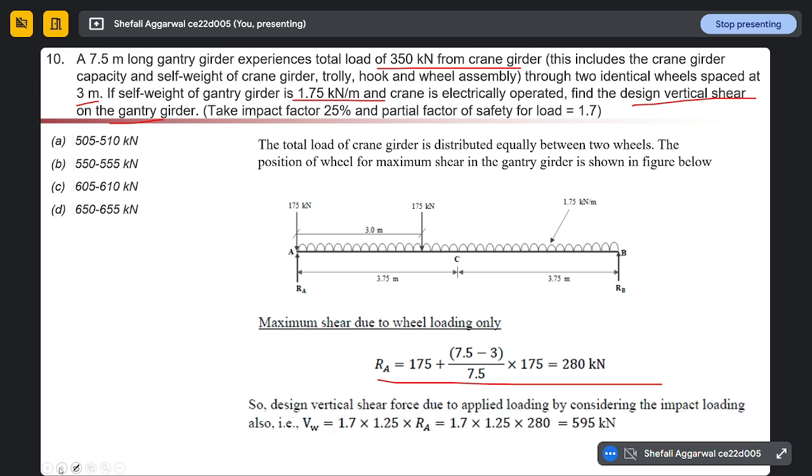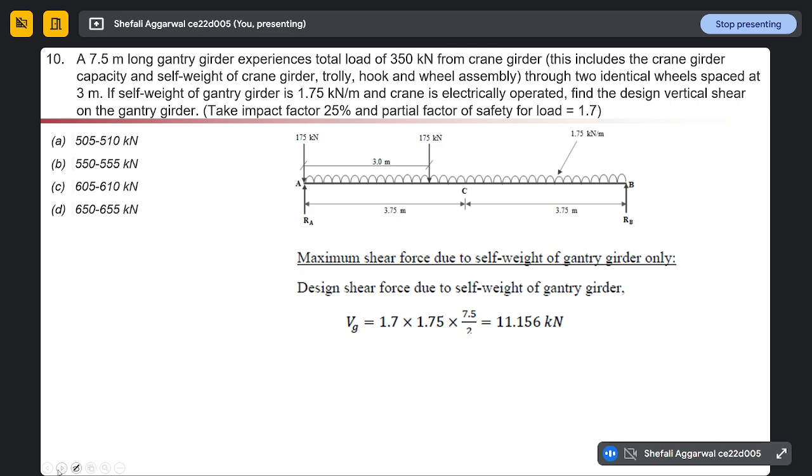Next thing is, the design vertical shear force due to applied loading, we will multiply it by the impact factor and factor of safety. Multiplying by these two values, we are getting the vertical shear force as 595 kilonewton. Okay. So next thing is due to the self weight. That we calculated due to the crane girder. Now we will calculate the shear force due to self weight.